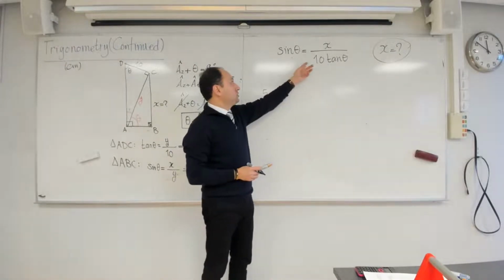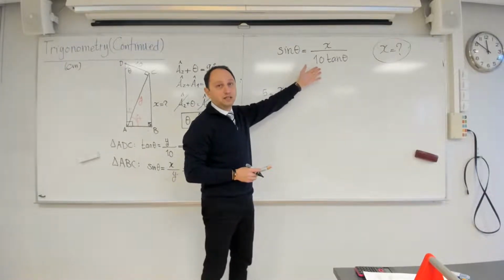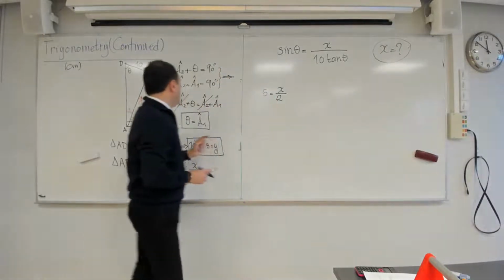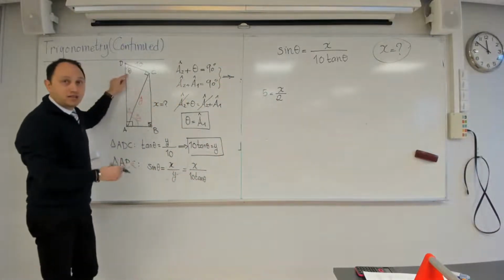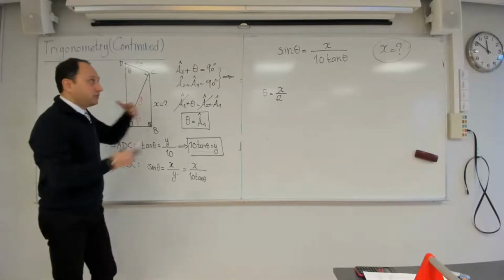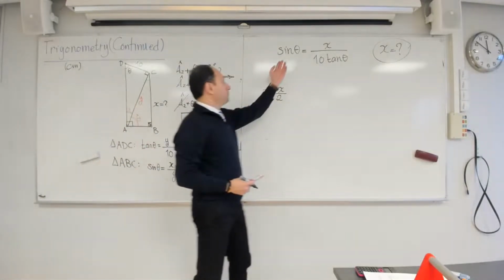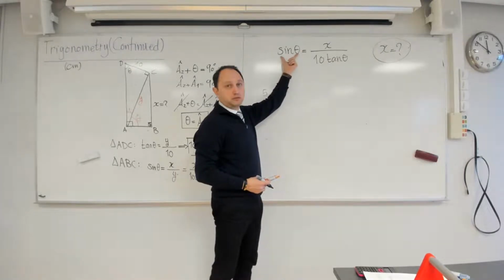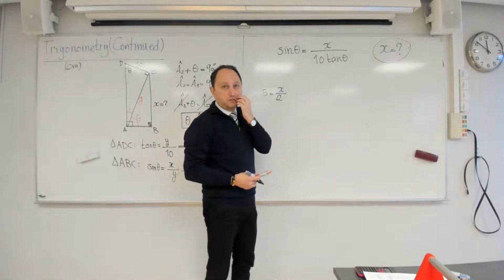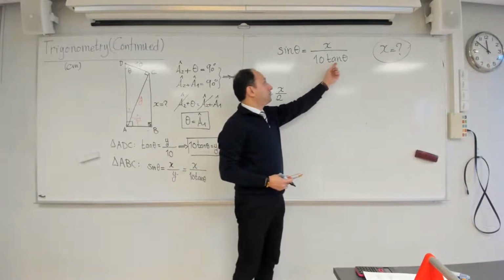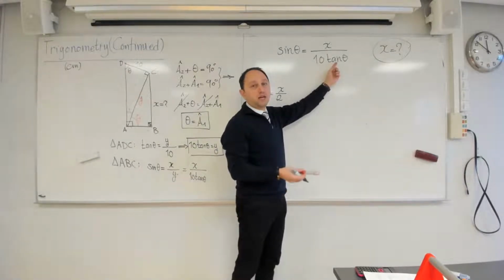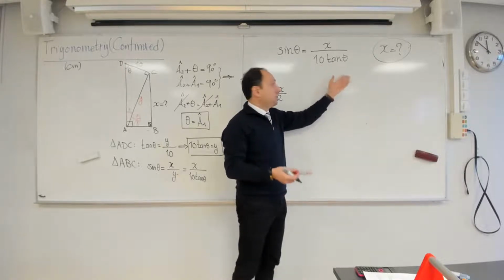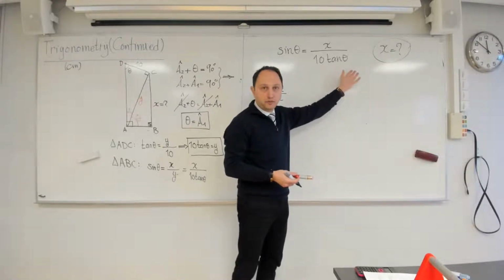Even though this is written in a little bit horrible way, it is exactly the same, because I told you from the beginning, assume that theta is given to you. If theta is given to me, I put sine of that theta in the calculator, it becomes a number, usually a decimal number. And then I put this tangent of theta in my calculator, it becomes a decimal number. I multiply it by 10, usually it becomes another decimal number.